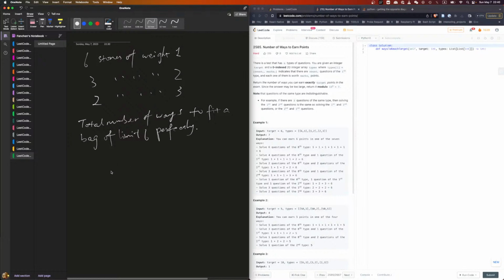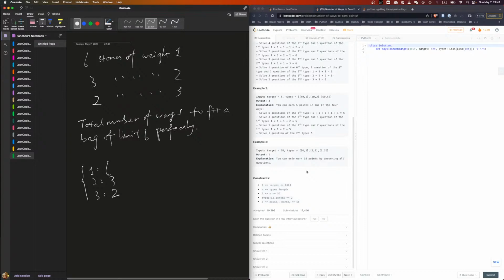So basically you can say, for the stone of weight 1, we have 6, weight 2 we have 3, weight 3 we have 2. That's a counter. And I can say I take weight 1, so I can take 0 for weight 1.